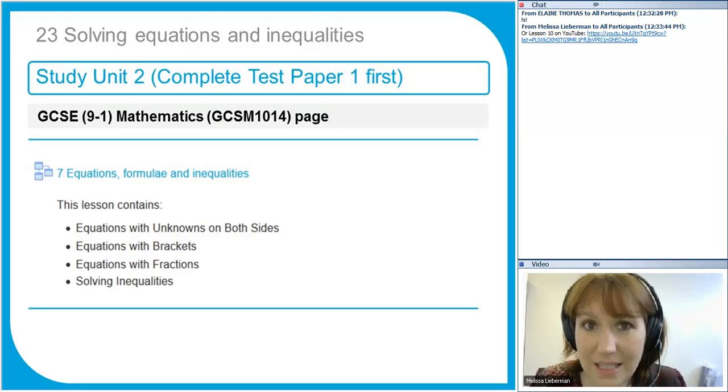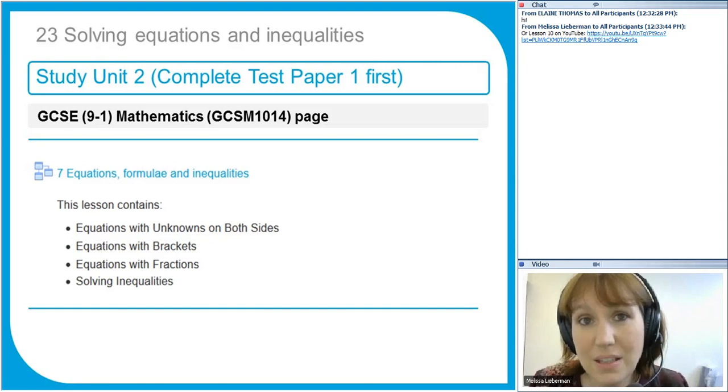The content of today's lesson corresponds to section 7 in unit 2 in your main course materials, but you won't be able to see those materials until you've completed test paper 1. So although you can watch this lesson, you can work through the materials in your textbook, you just won't be able to work through these particular activities until you've completed test paper 1 and your tutor has marked it. If you're having any problems finding test paper 1 or completing it, it's quite a straightforward test.